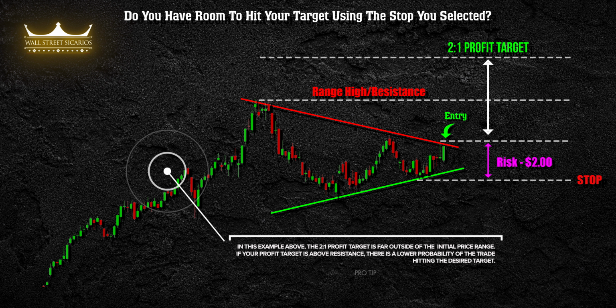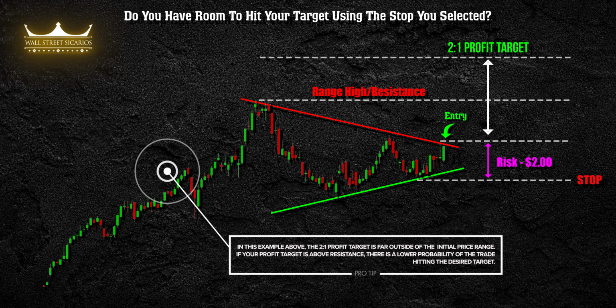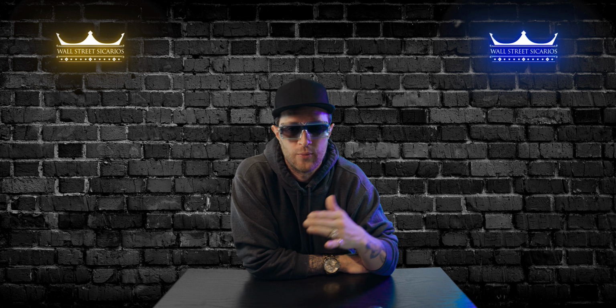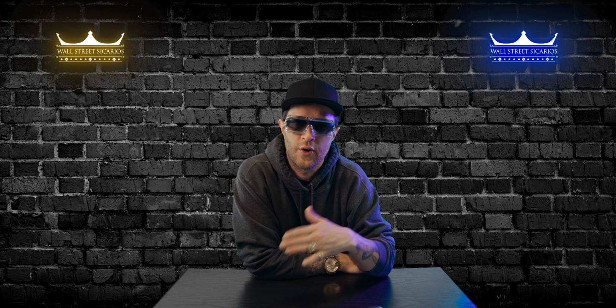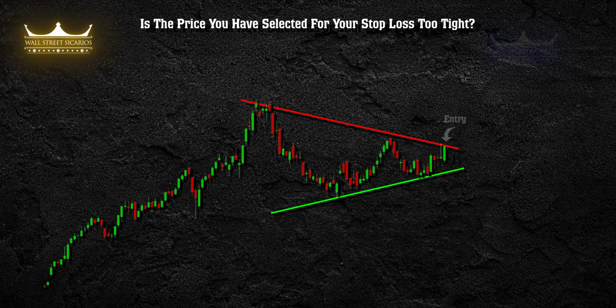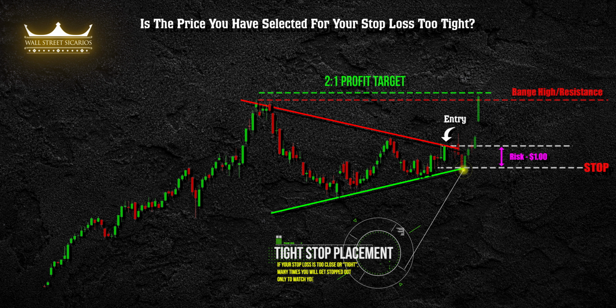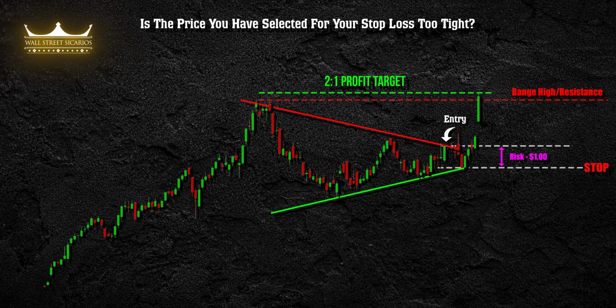Let's say we try to place our stop under the low of the range, but by the time we enter, it's such a big amount, will that security be able to hit the target after? Does it have some sort of catalyst to help it move outside of that range? What do the daily levels look like? Are you near support? Are you near resistance? All right, and then is your stop too tight that you might get smoked out of the trade, right? So your stop location is huge, because it tells you if you're stopped too wide or too tight, and do you have room to hit that target.